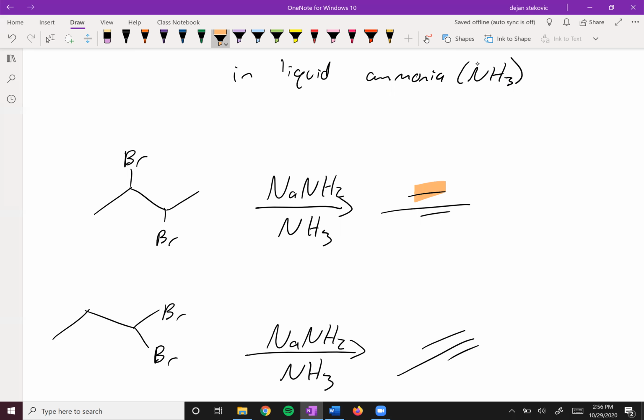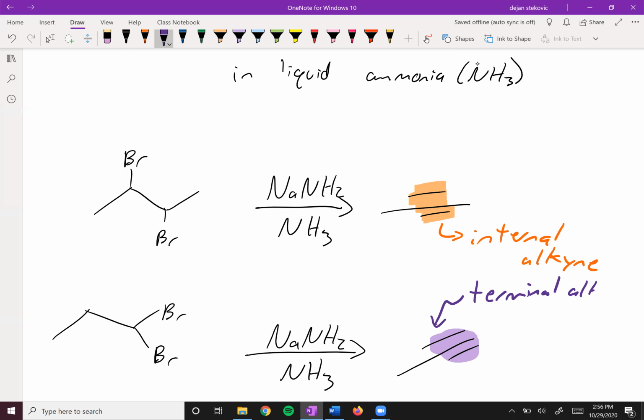And so this one right here, where we've got carbons on either side, this is known as an internal alkyne. And then when we have this triple bond on the end of our molecule, this is called a terminal alkyne.